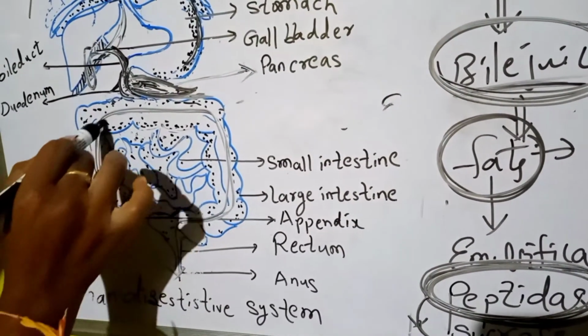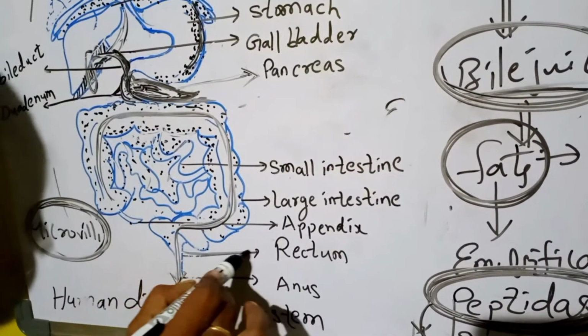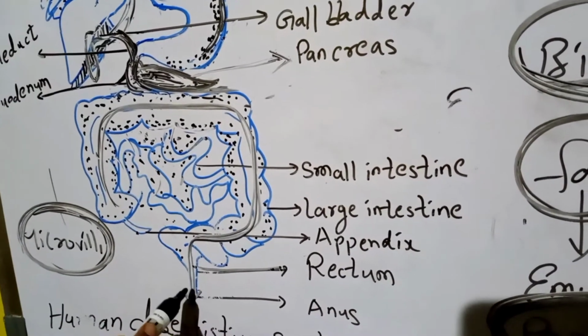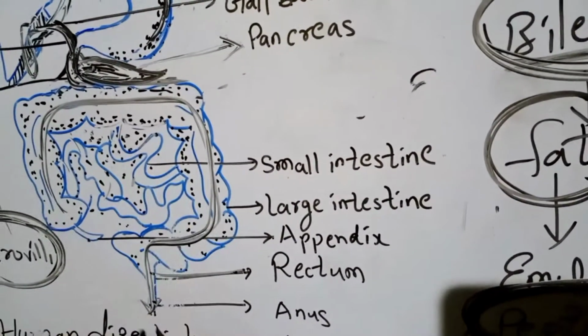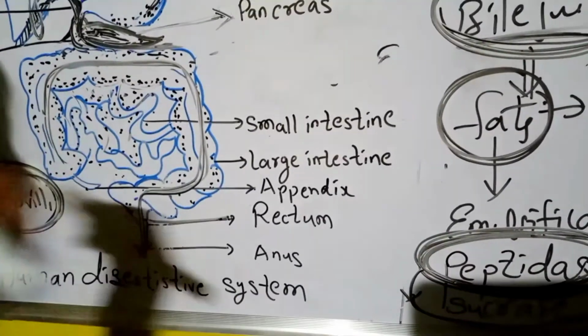This is the rectum; it enters the rectum and is then expelled through the anus. The waste material also contains small amounts of proteins, fats and fiber.